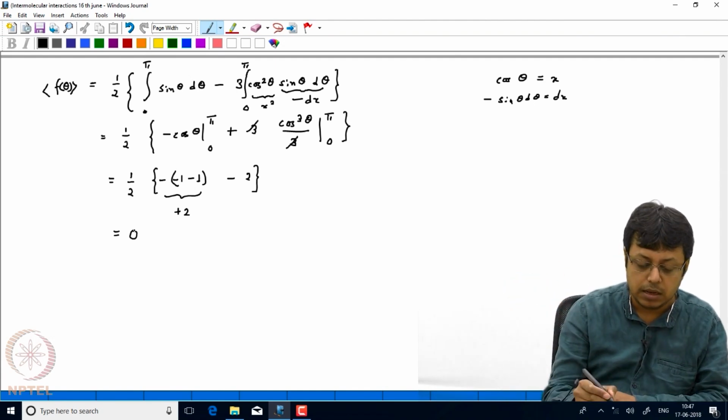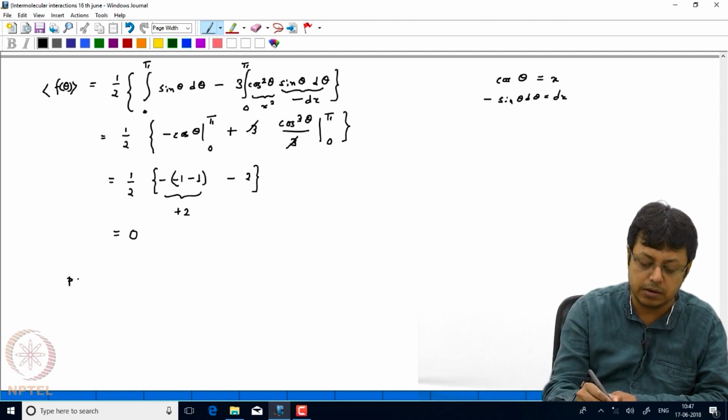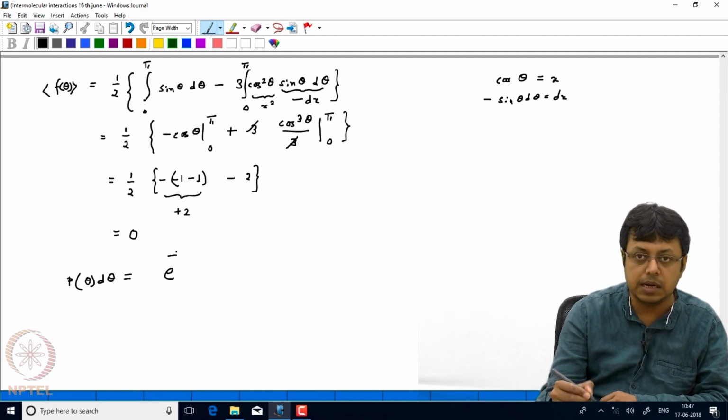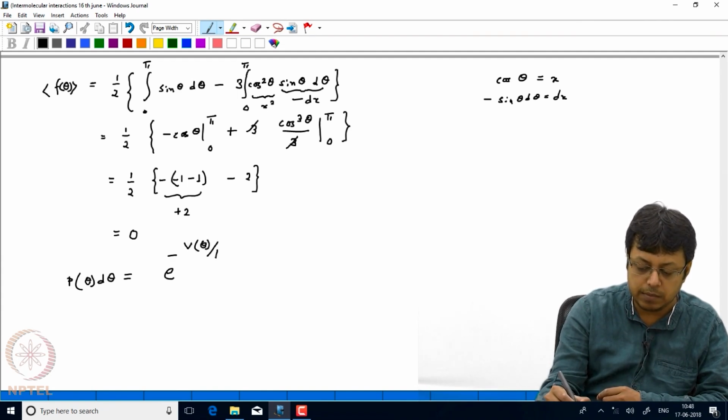Which means now there is a probability, just like we did for the dipole in a particular electric field, and which actually depends on the energy. So this probability will be dependent on something like e to the power minus E by kBT, and in this case E is nothing but the interaction potential between the two dipoles, which is dependent on theta, divided by kBT.